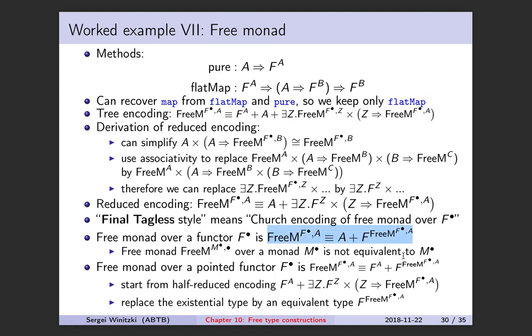So I would also provide this as an option in the library, because it's a much simpler and perhaps more efficient definition. And also it shows you that a free monad is different from the monad itself if you just substitute it into here or into here. So the free monad over a monad is not equivalent to that monad. So don't do it.